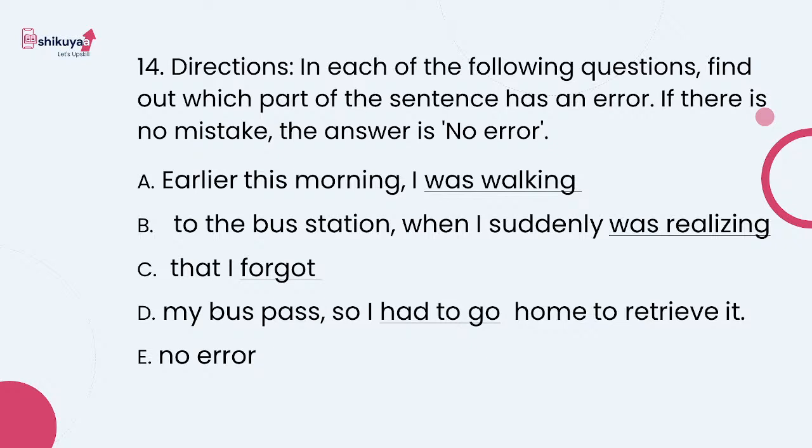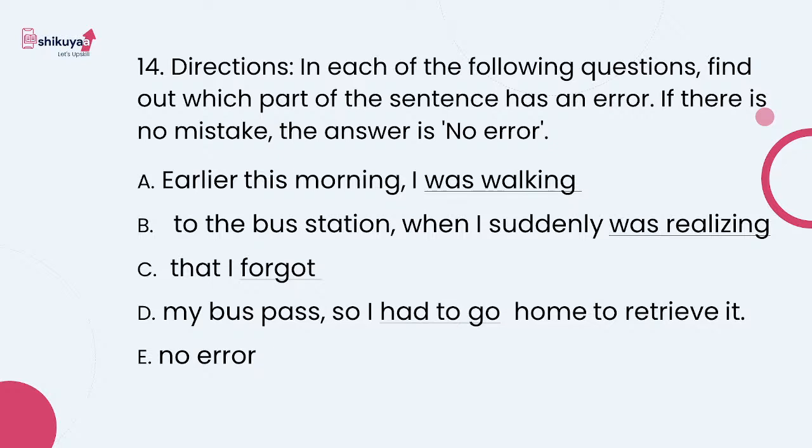So instead of was realizing, instead of continuous past, we should use simple past here. So instead of was realizing, realized should be here. To the bus station when I suddenly realized. So there is an error in part B.